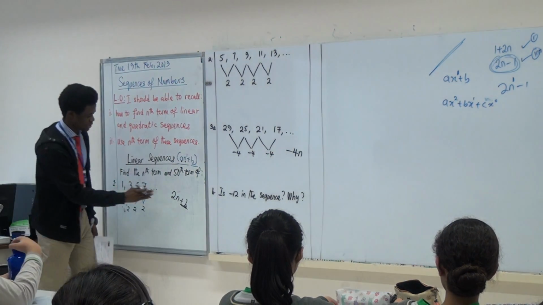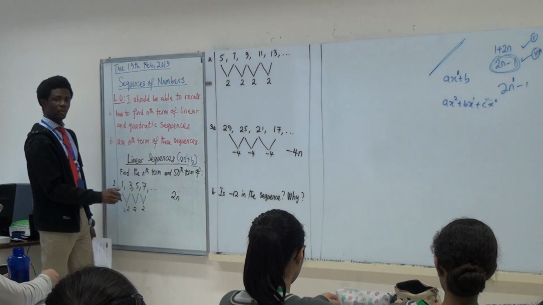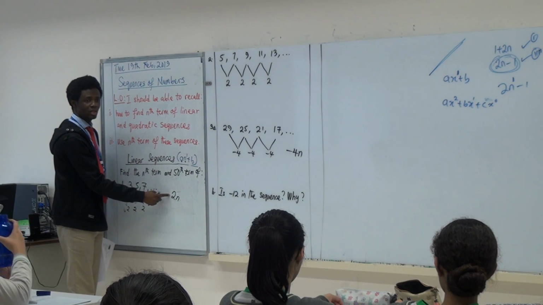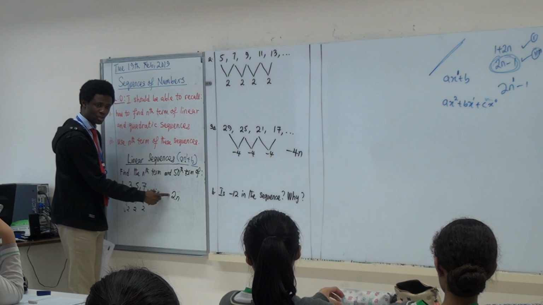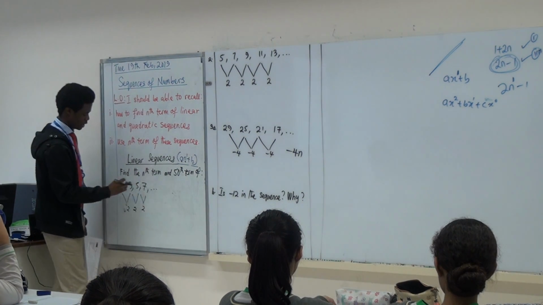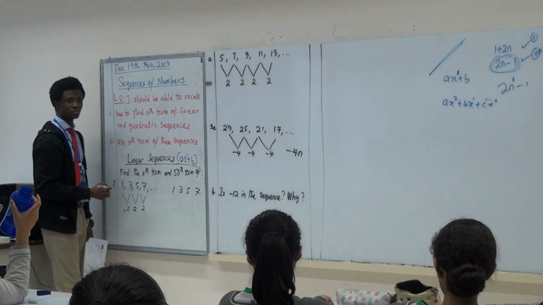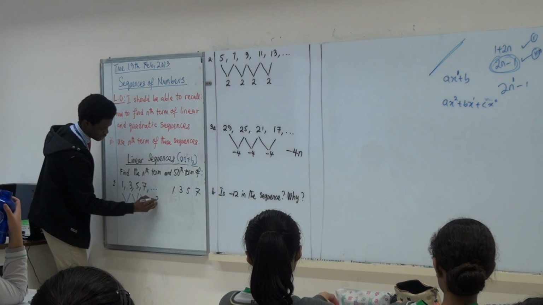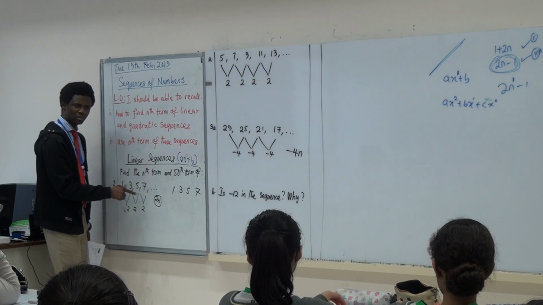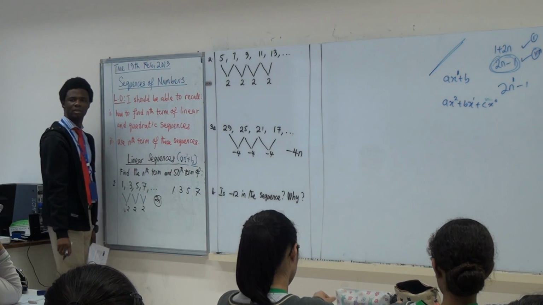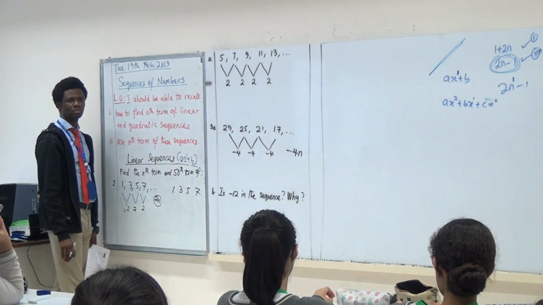The next thing is, you know that this is not the complete sequence, right? Your original sequence is 1, 3, 5, 7. The sequence you are looking at has 2n. So generate the sequence of 2n and see what is the gap.